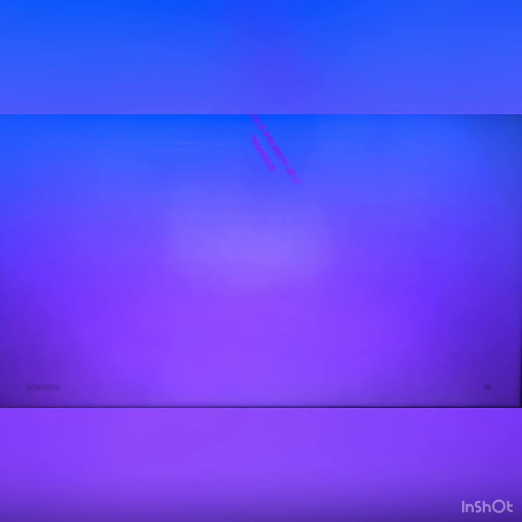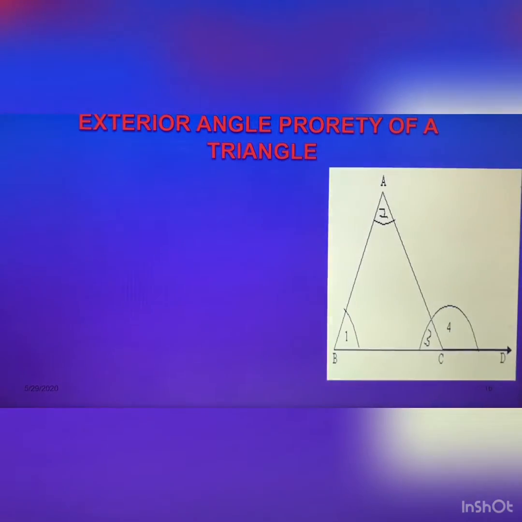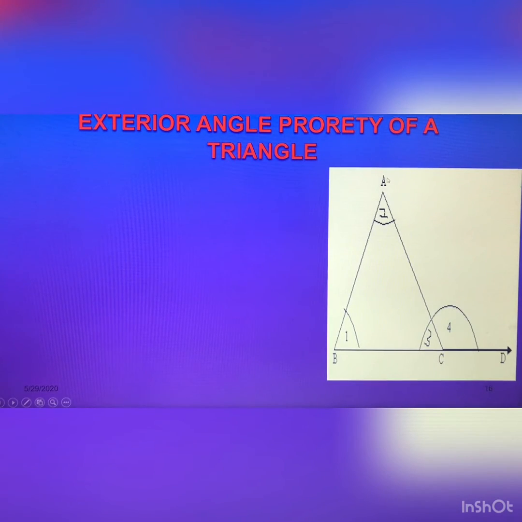Now about the exterior angle property of a triangle. What do you mean by the exterior angle property of a triangle? Let us say this is the triangle. The exterior angle property is that the sum of two interior angles of a triangle is equal to the exterior angle of that triangle.